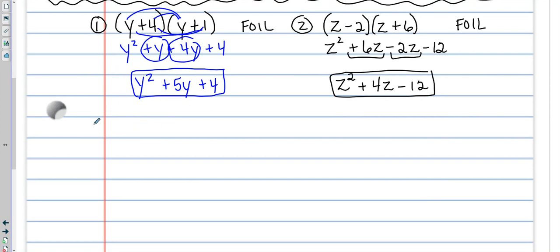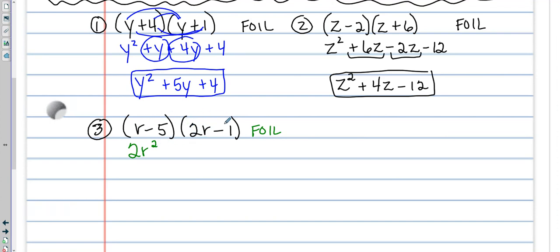Number 3. R minus 5 times 2r minus 1. Okay, so if I use FOIL, I'm going to do r times 2r, which is 2r squared.